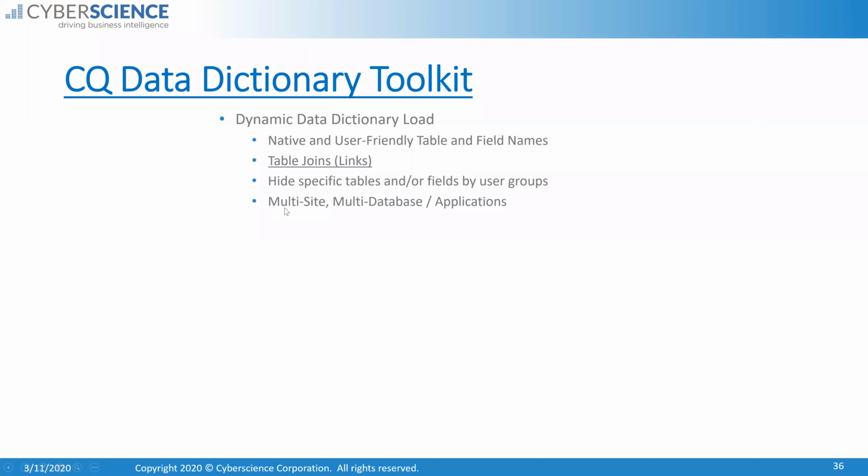The environment handles multi-site, multi-company right out of the box. You can also bring in multiple databases and or applications. So, we have a lot of customers that may have a Baan 4 dictionary and an LN dictionary and another dictionary for Sightline and another dictionary that combines them all together.